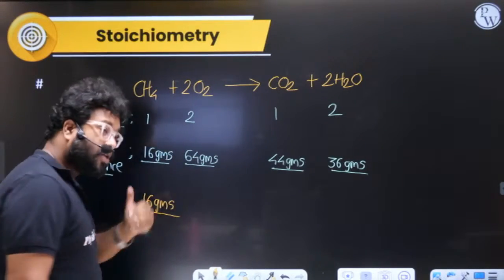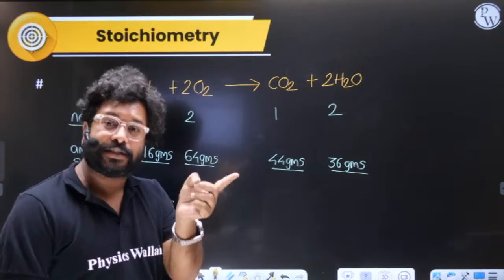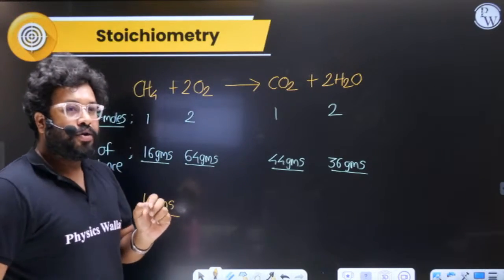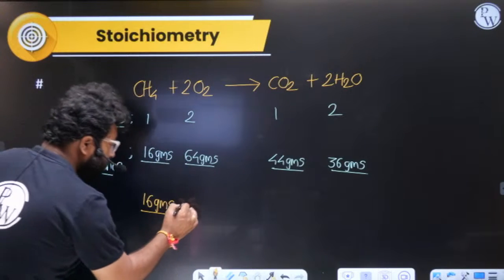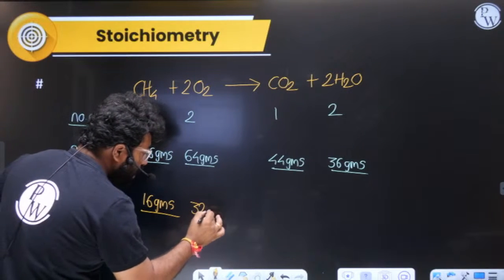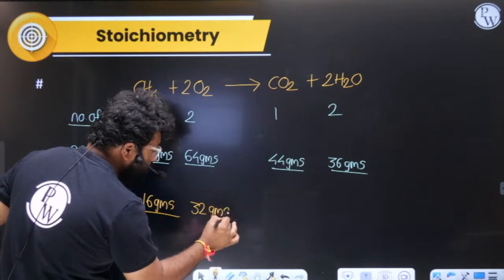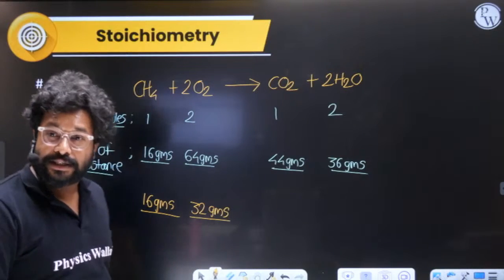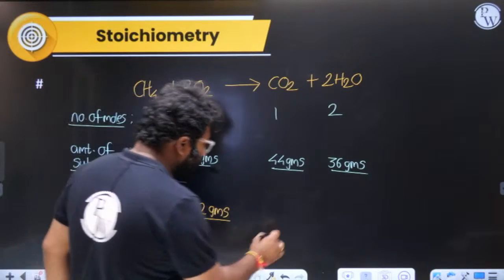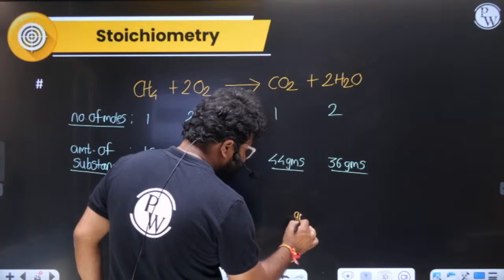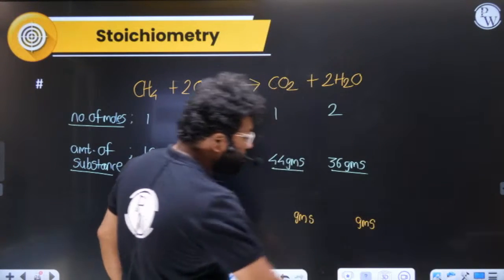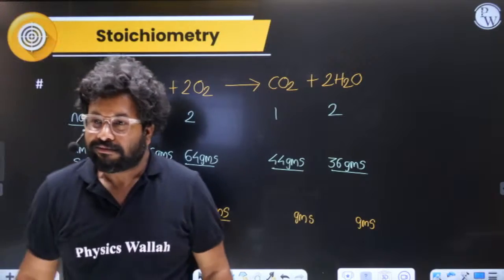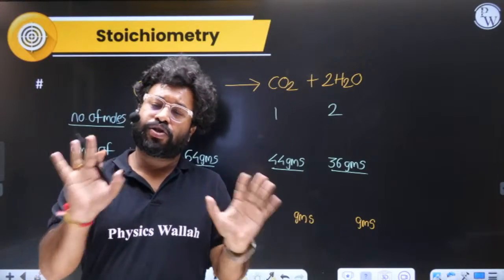But the oxygen that you need here, which is 64 grams, you don't have that much oxygen. You have only 32 grams of oxygen. Then the question is, how many grams of CO2 can you obtain from here? And how many grams of water can you obtain from here? The question is very, very simple.